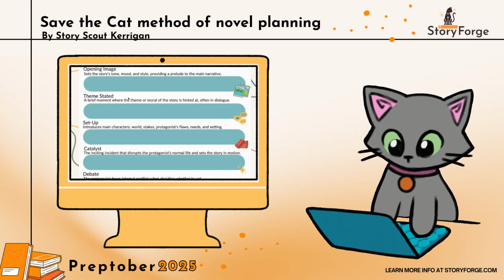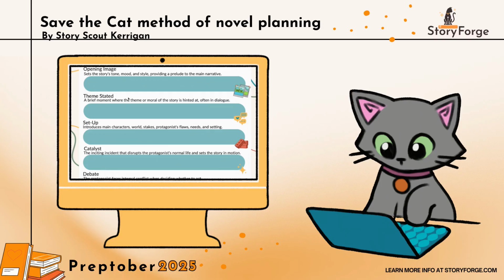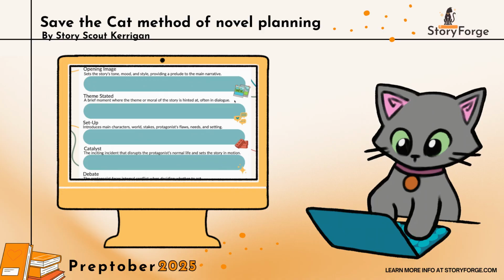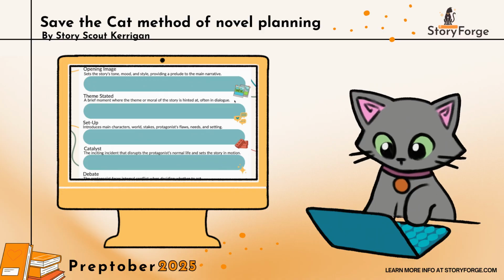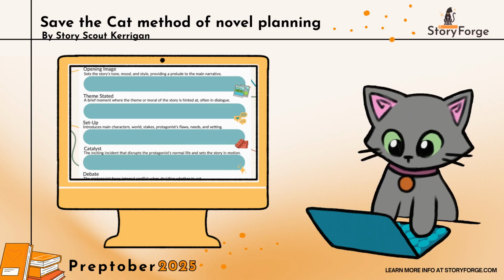It's also a really good time to set up maybe more so foreshadowing for the theme of the story. So if the theme is friendship, maybe you will have the character describe their friend, or something like, oh, I'm gonna go see my friend, or we've been friends for a long time.